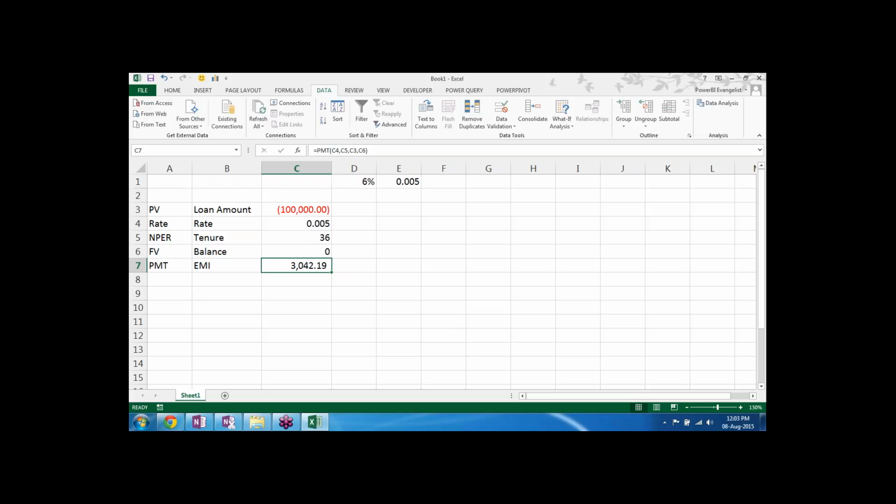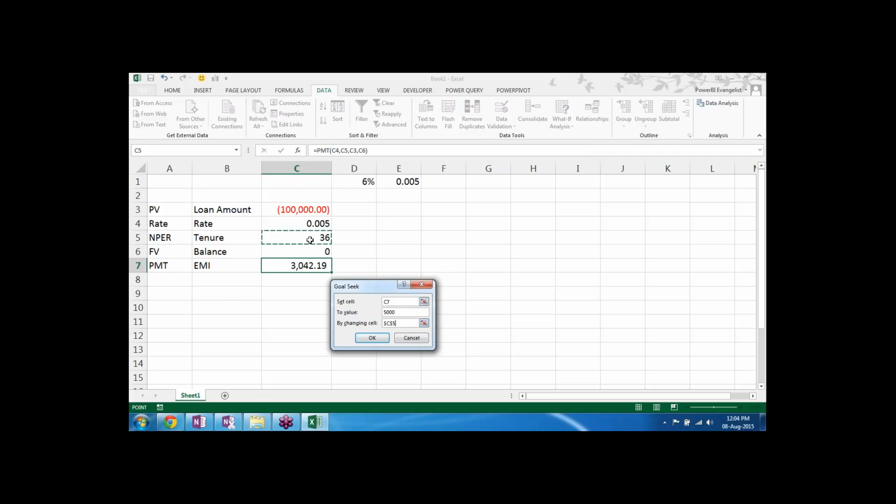Now I say that I want to see if I can pay an EMI of 5,000 and I still want to take a 1 lakh loan itself, how fast can I close this particular loan. So I can simply click here.